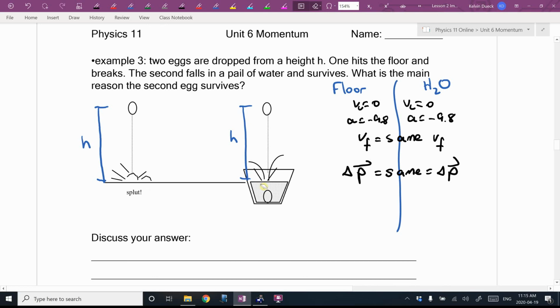So why doesn't the egg break? Well, another way to calculate impulse is force times change in time.